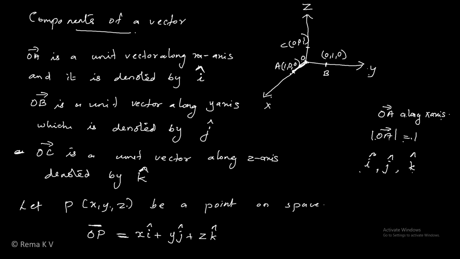See, x, y, z are the coordinates of the point P. Position vector means, if we are considering a point P here, it is the vector from this O to P. This vector OP is the position vector of the point P. It can be represented as xi plus yj plus zk.